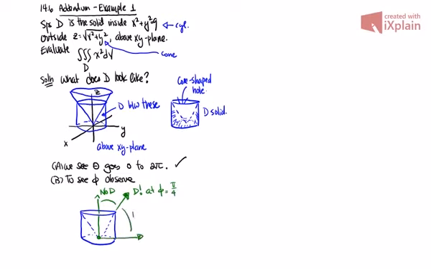So here, D continues. And here it ends at pi over 2. So that tells us our range. It tells us that phi goes from pi over 4 to pi over 2. That's done.